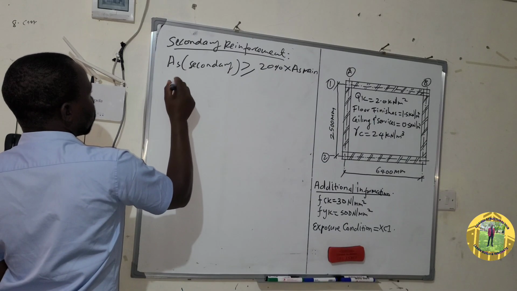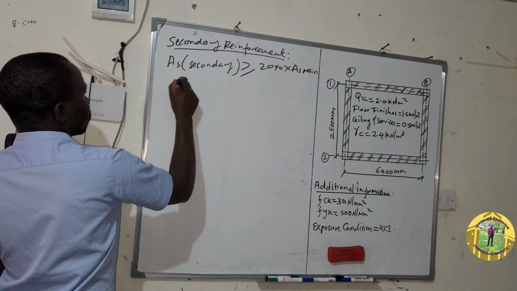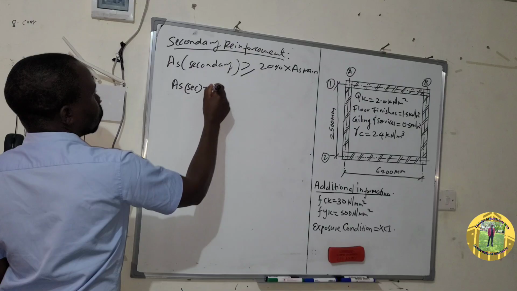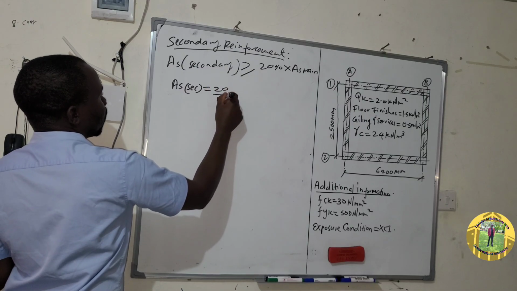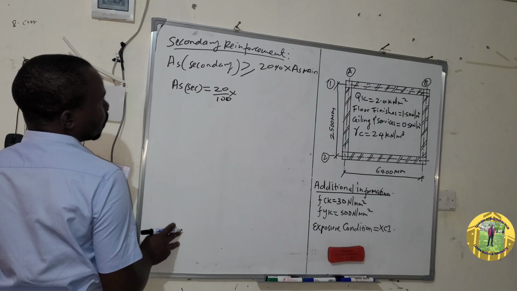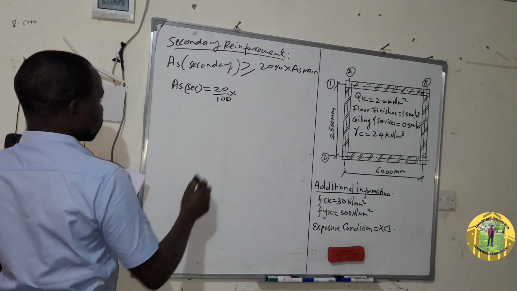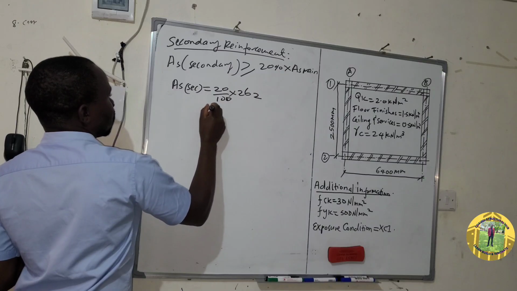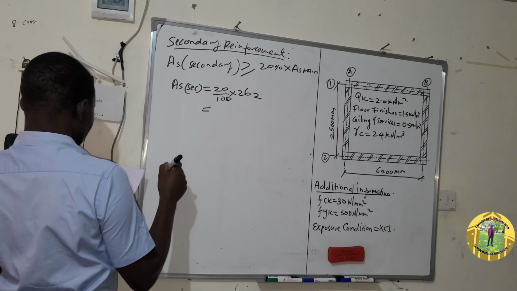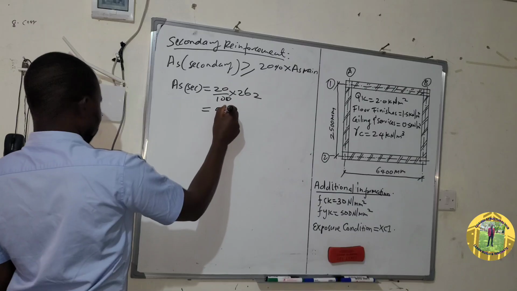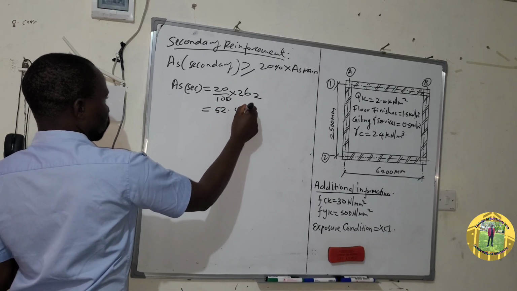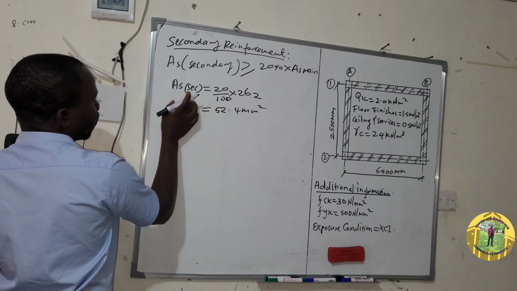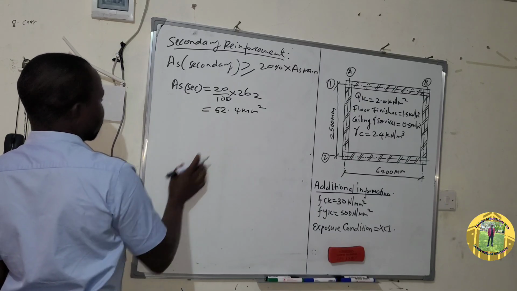So area of steel for secondary is equal to 20 over 100 times area of steel for main. This is 262. So this one is equal to 52.4 millimeter square. And this one must be greater than this. So the area of steel for secondary bars must be greater than this.